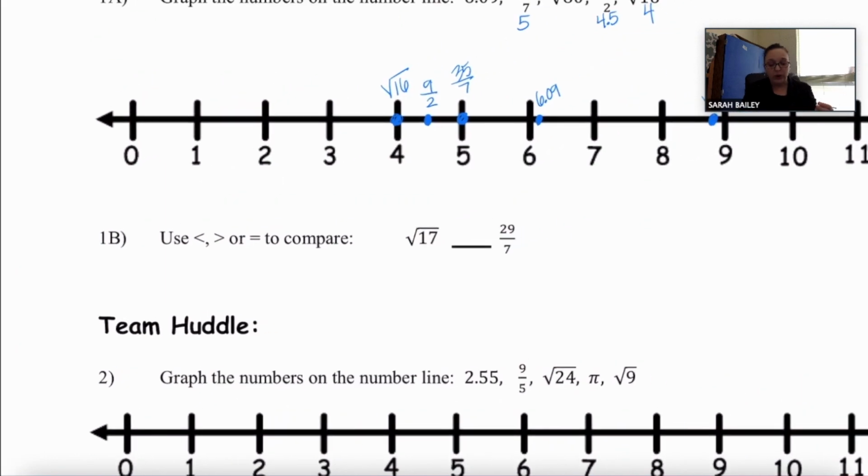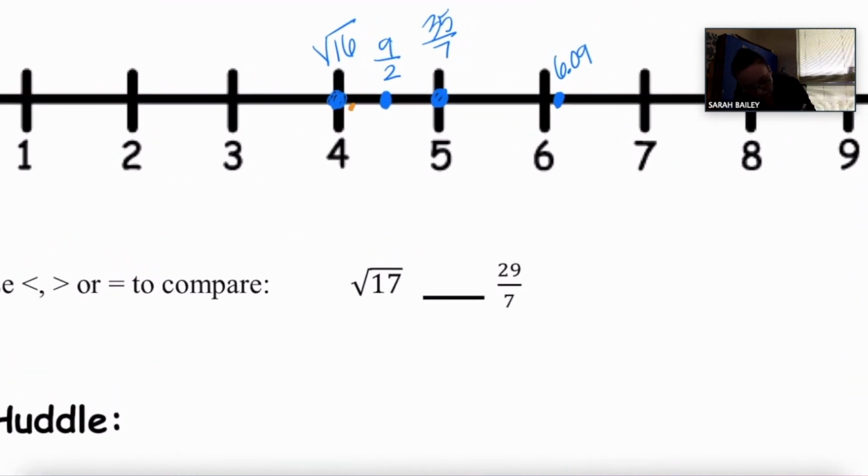So the square root of 17, well, 17 isn't a perfect square, so the square root of 17 is an irrational number. But 16 is a perfect square. The square root of 16 is 4, so the square root of 17 has to be just a smidgen higher. So I'll put it right there. And then 29 sevenths.